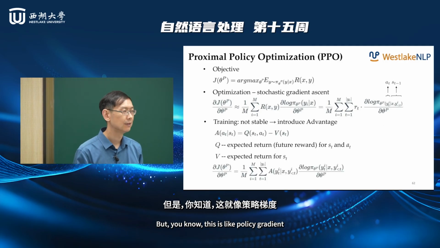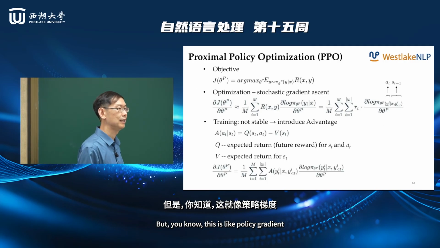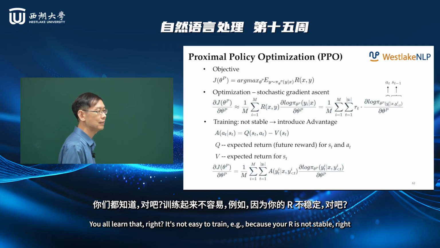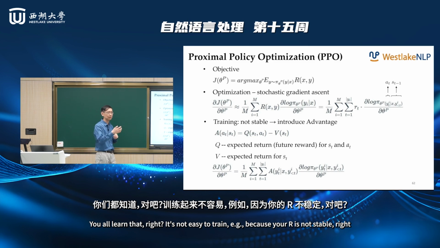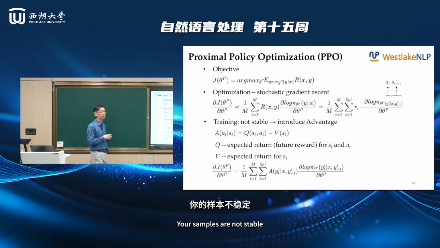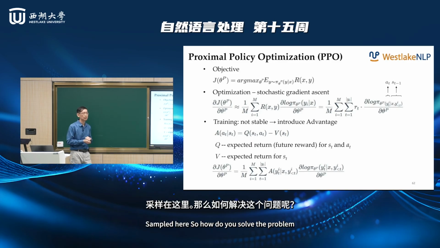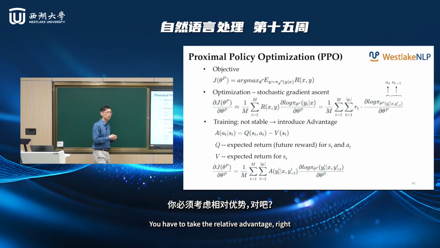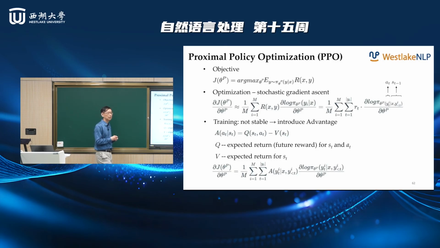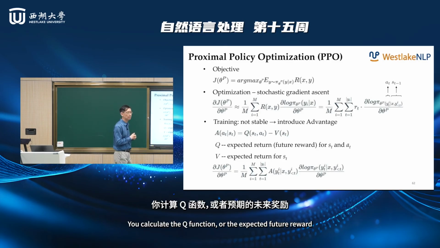But this is like policy gradient. You all learned that, right? It's not easy to train. For example, because your R is not stable, your samples are not stable. Sometimes you penalize a good output, sometimes you reward a not so good output sampled here. So how do you solve the problem? You have to take the relative advantage, right? So how do you do that? You calculate the Q function, or the expected future reward.